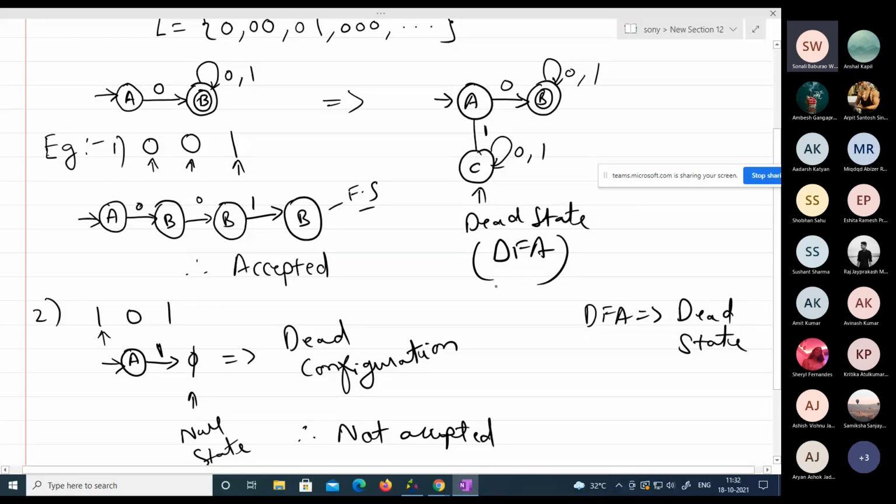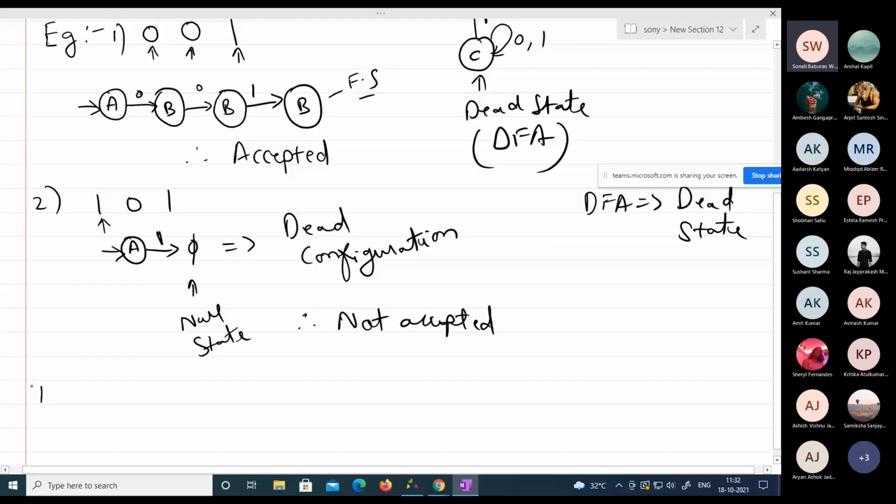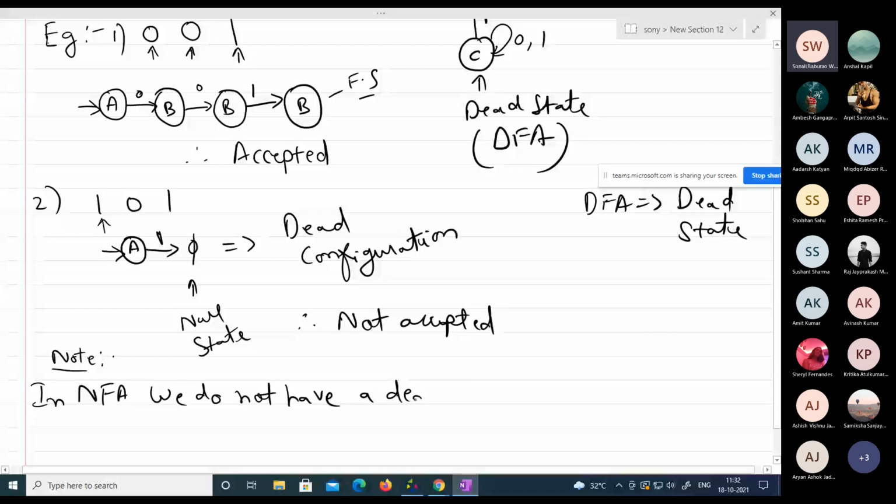One point to remember is that in an NFA we do not have a dead state, but we have a dead configuration. We can show a dead configuration by phi, the null state.